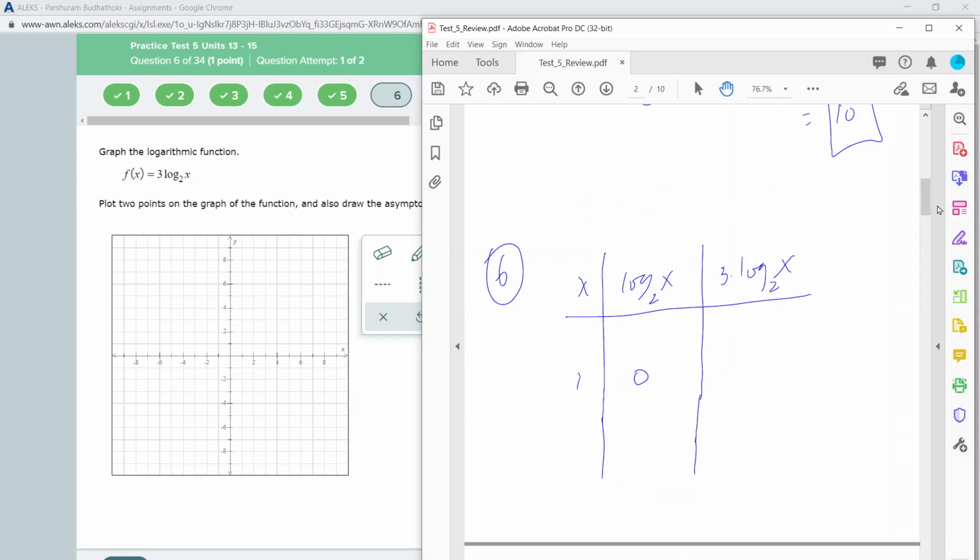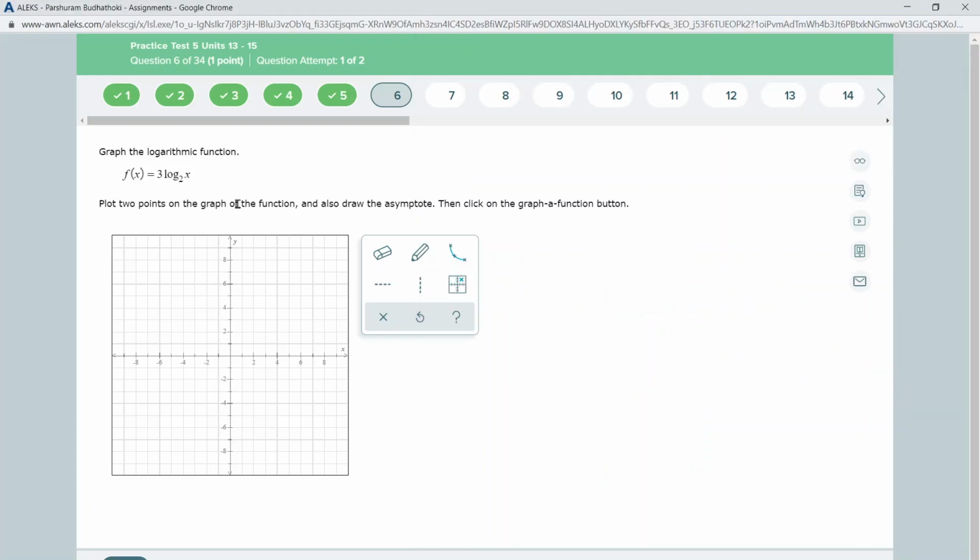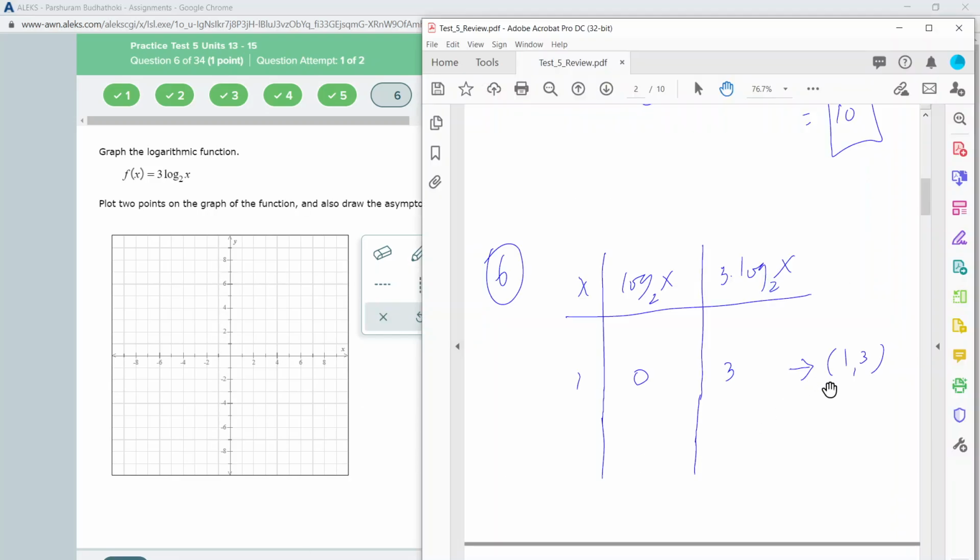Then this value would be 0, and 3 times it would be 0. So the point you need to plot is (1, 0). It says plot 2 points on the graph of the function and also draw the asymptote. So this is 1 point. At 2, log base 2 of 2 is 1, and if you multiply this 1 by 3, that will be 3. So that will be (2, 3).